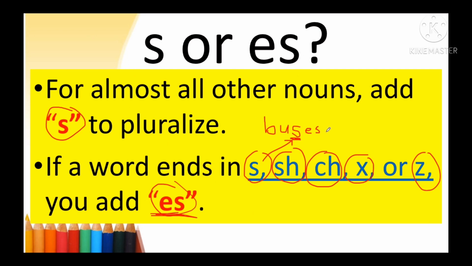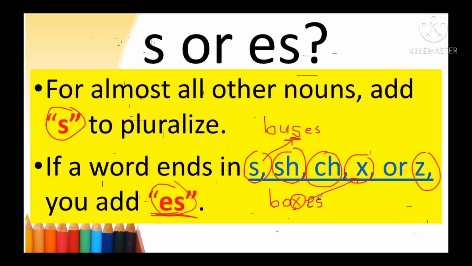For example, box. This word ends in X. So if we change this into plural form, we need to add ES. So it will become boxes.